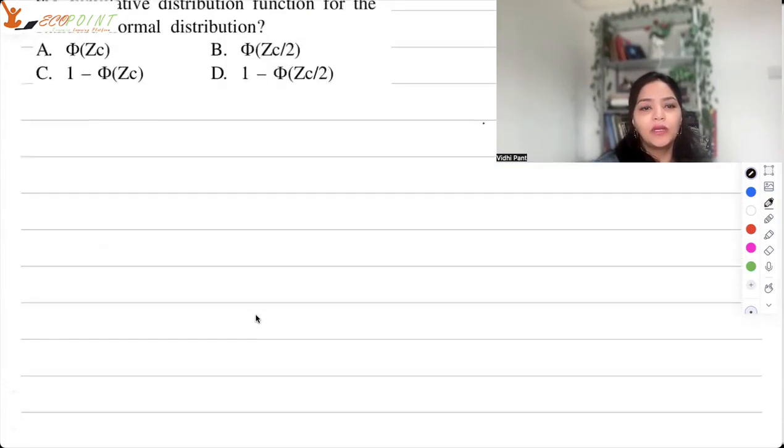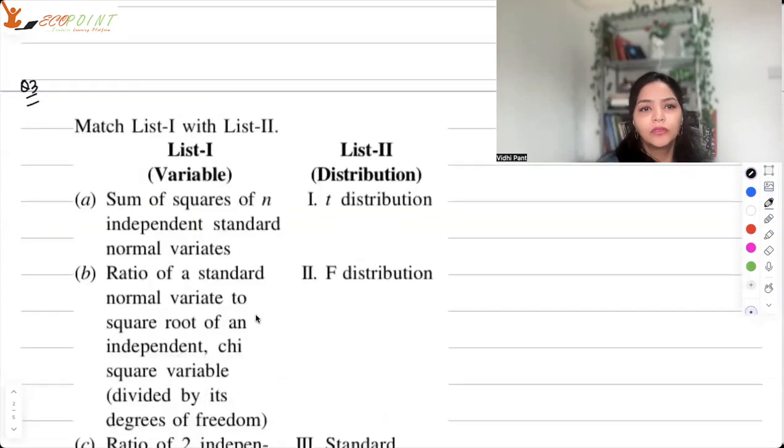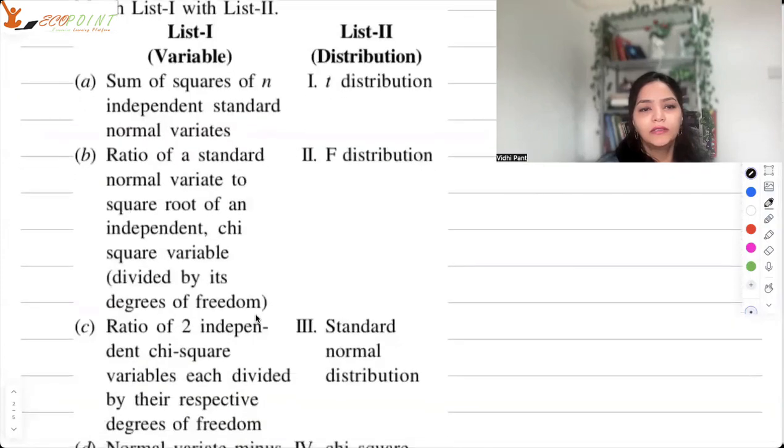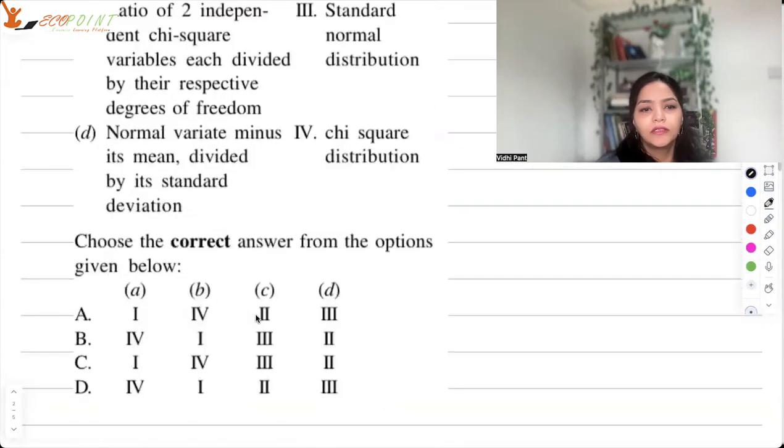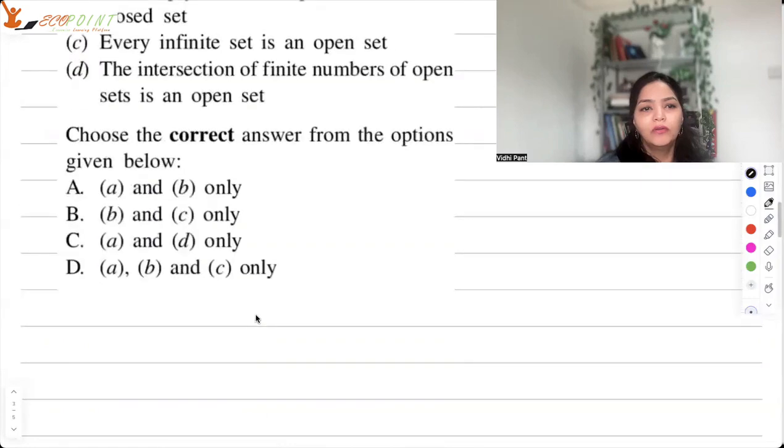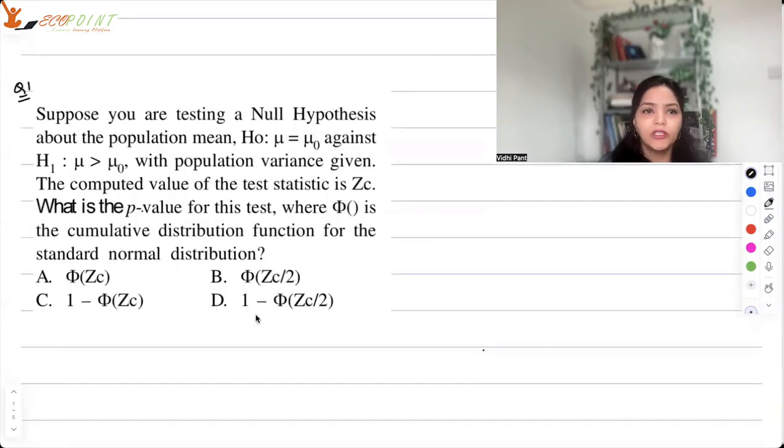So question 1, 2, 3, 4, and 5. Question number 1. Suppose you are testing a null hypothesis about the population mean.